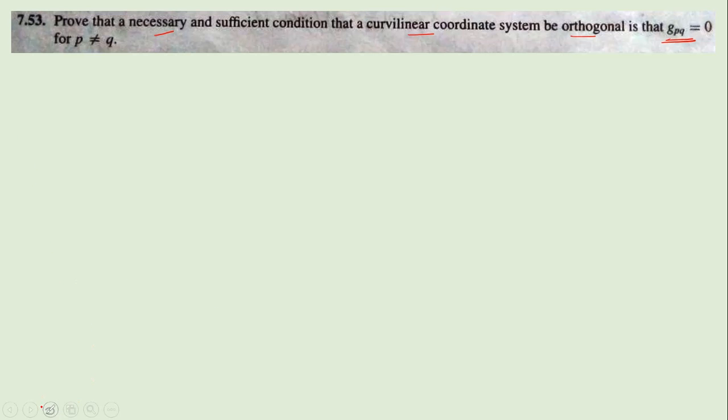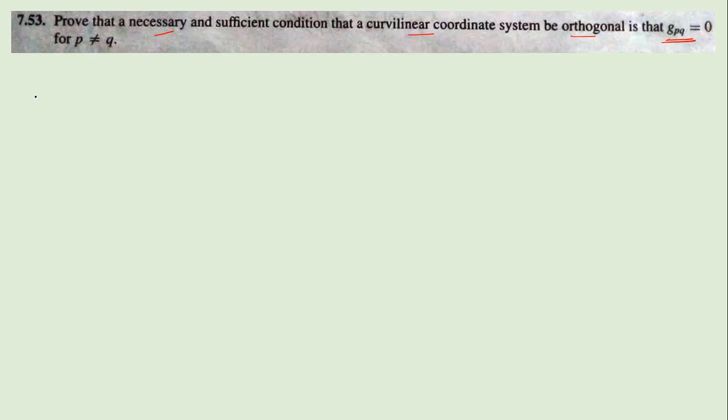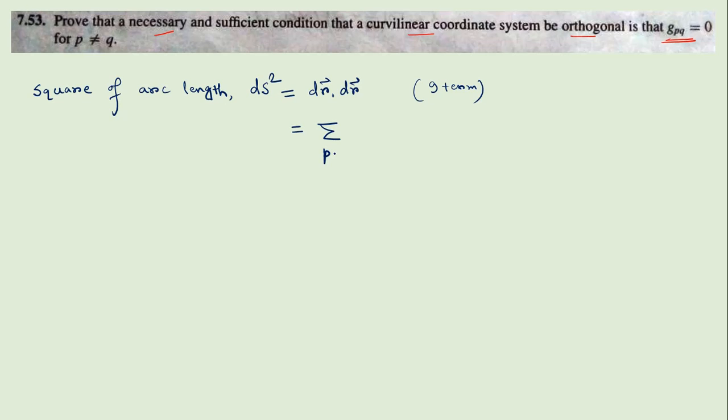From the previous lecture you can know that the square of the arc length, ds square, is nothing but dr dot dr. This can be written with 9 terms, and in summation form as the summation over p equals 1 to 3 and the summation over q equals 1 to 3 of g_pq du_p du_q.